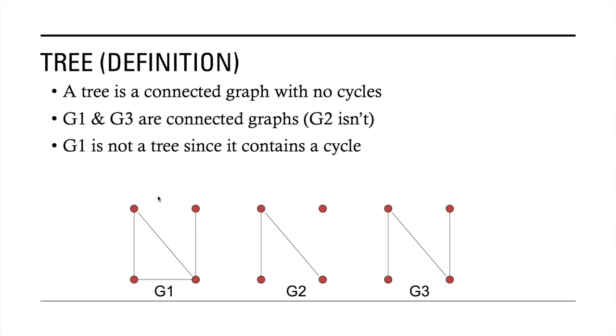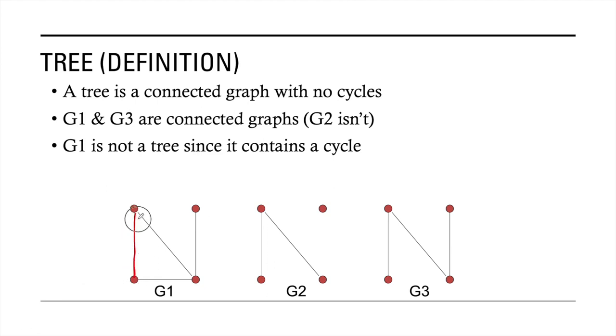Next, between G1 and G3, G1 is not a tree. Even if G1 is connected, the second definition requires that a tree will have no cycles. Okay? However, as you can see in G1, we do have a cycle.